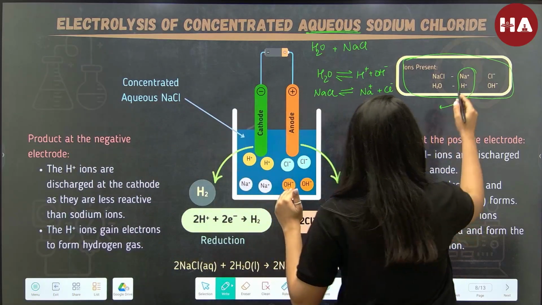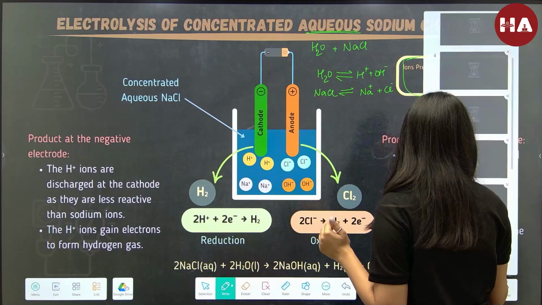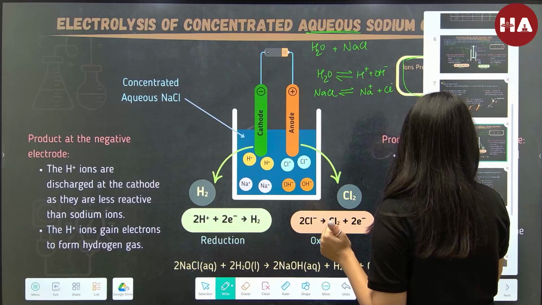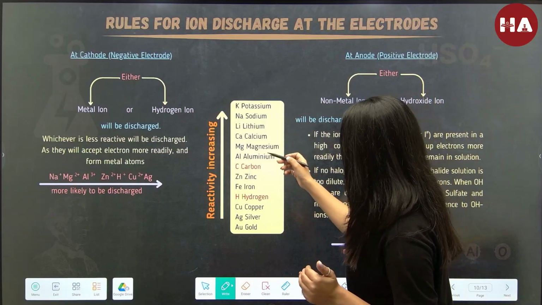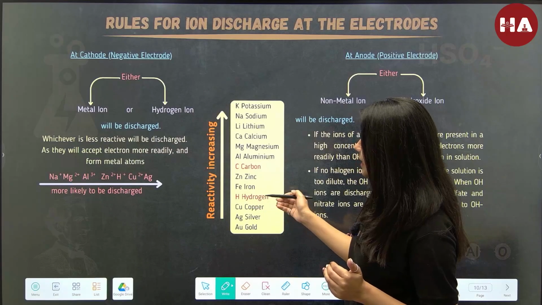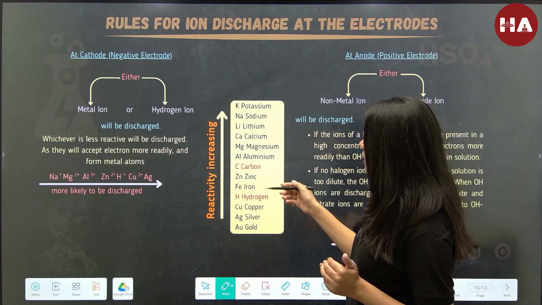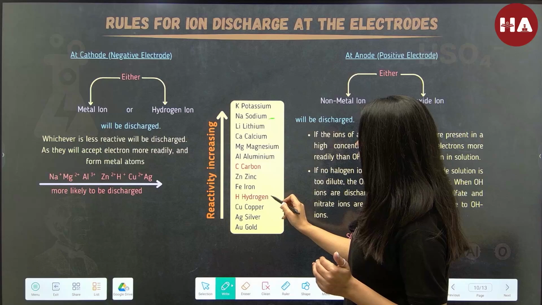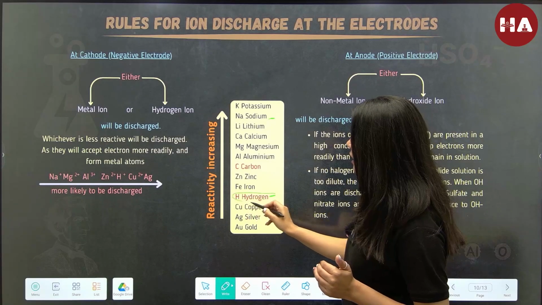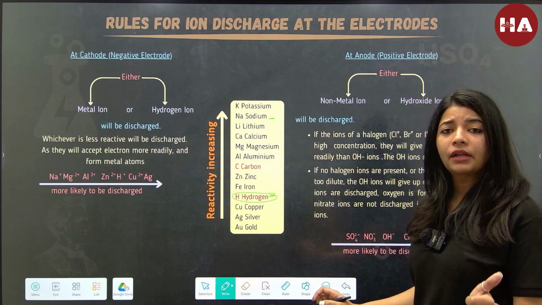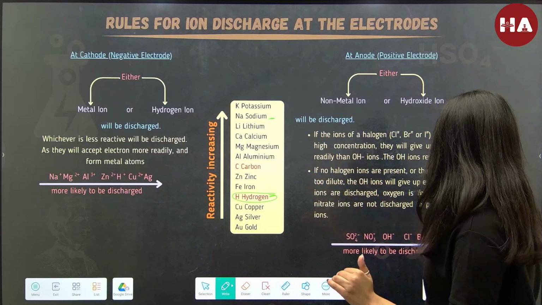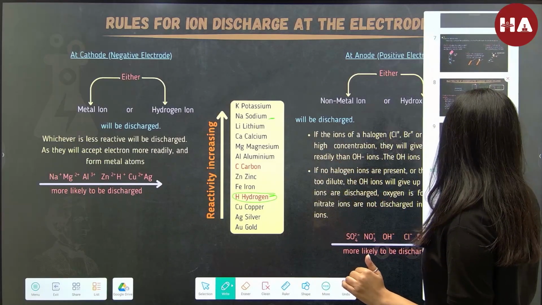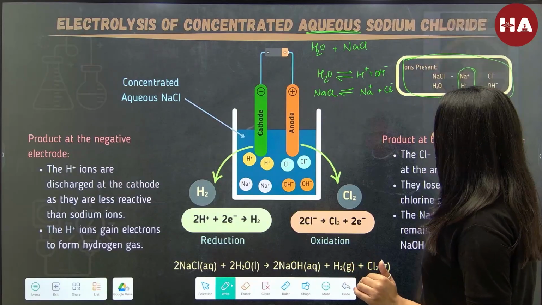So Na+ or H+? Let me show you the reactivity series first so that we can understand well. Here it is. We can see hydrogen is at the bottom, and sodium is here. Hydrogen is less reactive. So the metal or hydrogen, whichever is less reactive in the reactivity series, will get deposited at the cathode.